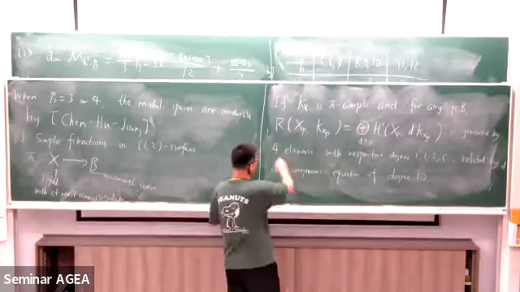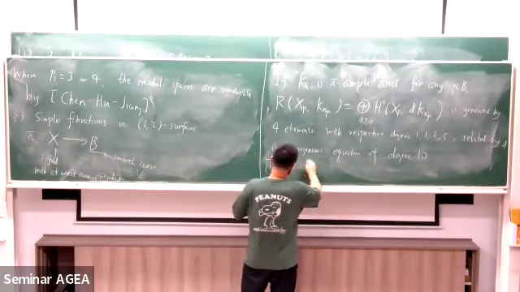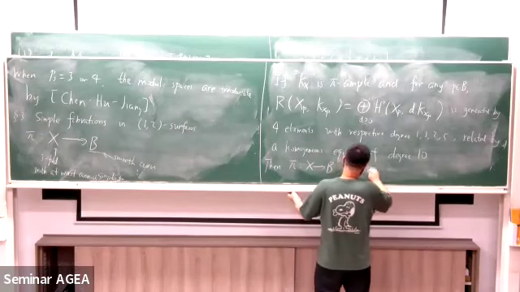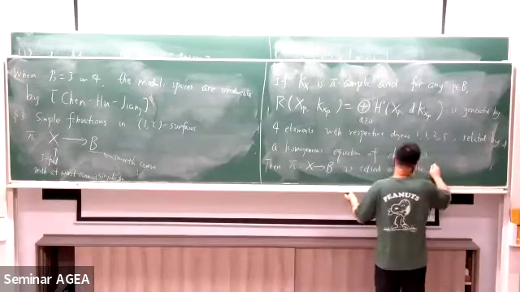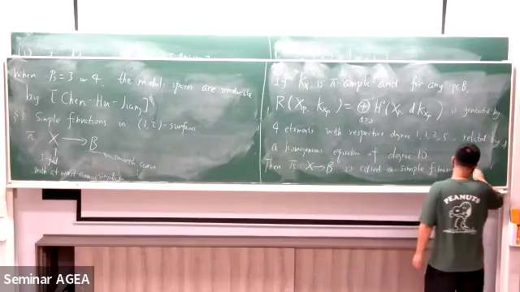Then the fibration pi from X over B to B is called a simple fibration in 1-2 surface.